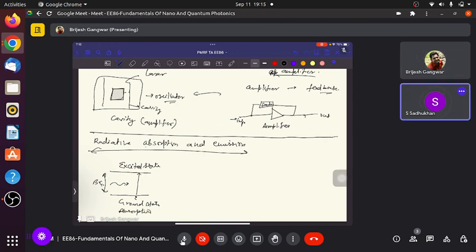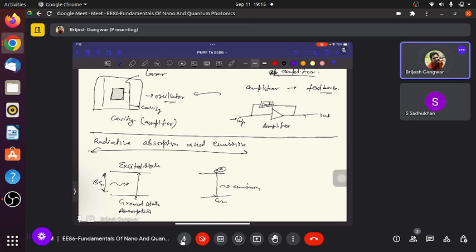Similarly, if we have the same system, and after absorption the electron is somewhere here, right? This electron can transit from here to here again. This phenomenon is called emission.